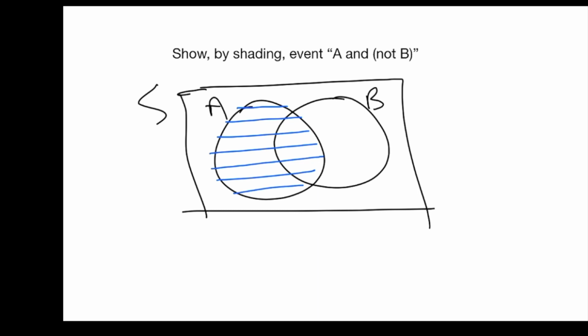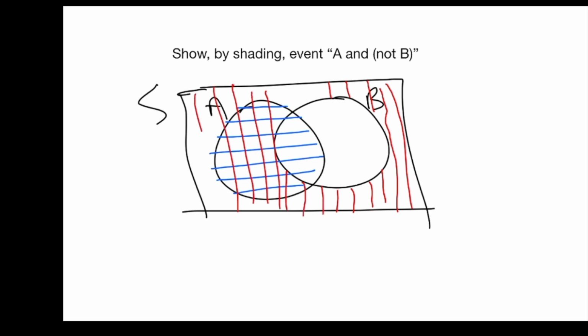Not B means everything that is not inside B. So I'm going to use red and shade everything that is not in B. What is not in B? I could use vertical lines now. I'm shading everything that is not in B. All right, so it's everything that is not in B that is shaded. And I'm looking in this case for the intersection.